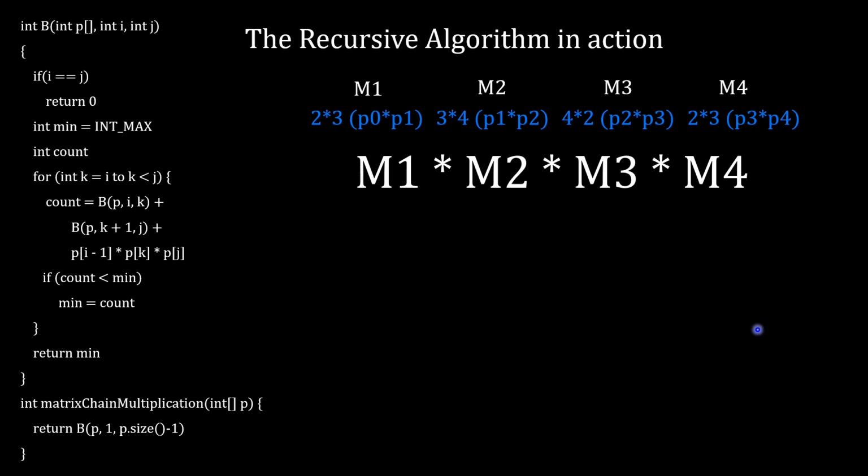In this specific scenario, because the recursive algorithm is fairly inefficient compared to other solutions, we're only going to be looking at the first layer of arrangements. So we're going to be looking at one specific scenario of multiplying all 4 of the matrices together. If we did all of them, then it would probably take too long, but it's more for demonstration purposes as opposed to getting the actual answer.